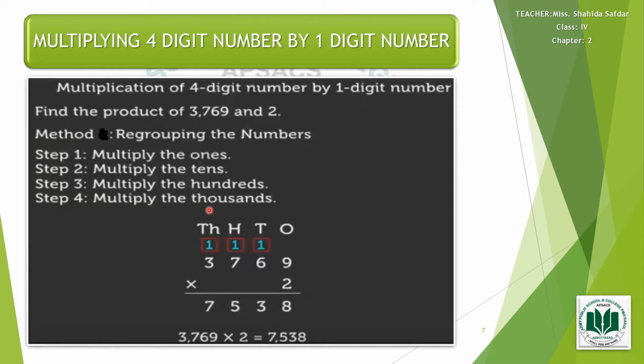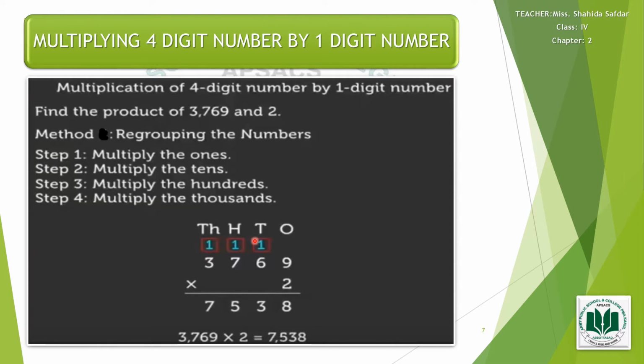Now, to solve the example, first we have placed the numbers in place value chart, that is 9 at ones place, 6 at tens place, 7 at hundred place and 3 at thousand place. Now to perform the multiplication, step 1 is multiply the ones, that is 9 ones multiply by 2. The answer is 18. Now we will rearrange 18 as 8 at ones place and 1 at tens place.